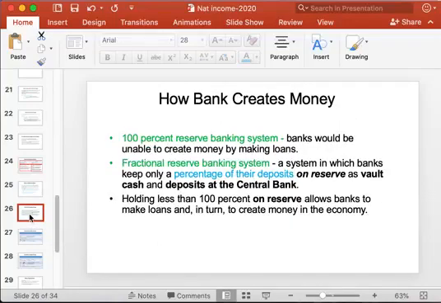Now, in order to understand how banks create money, we need to first understand the concept of 100% reserve banking system and fractional reserve banking system.